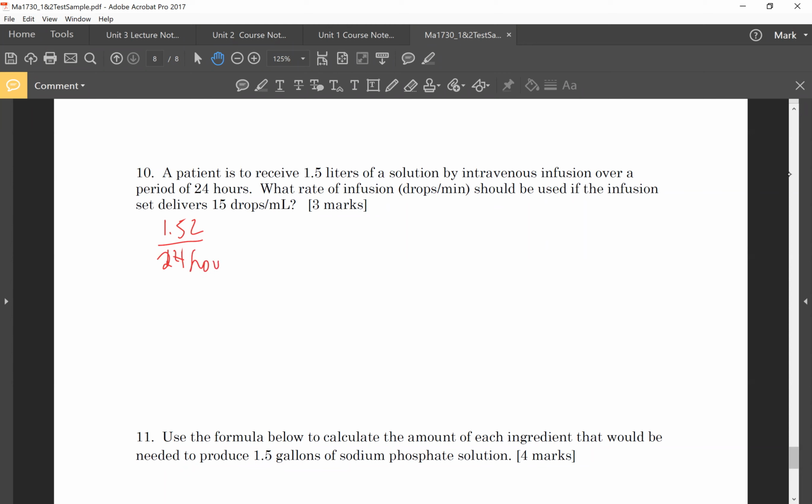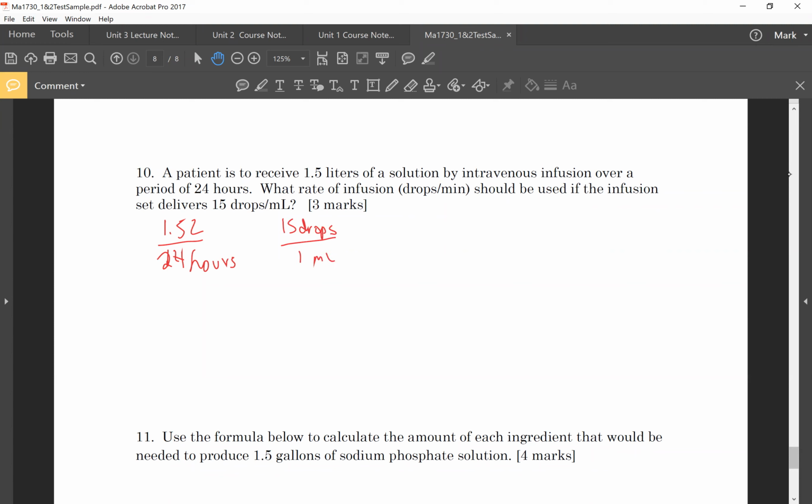Sorry. All right. 1.5 liters over 24 hours. It says, what is the rate of infusion in drops per minute should be used if the infusion set delivers 15 drops? Oh, I like these ones, per 1 milliliter.